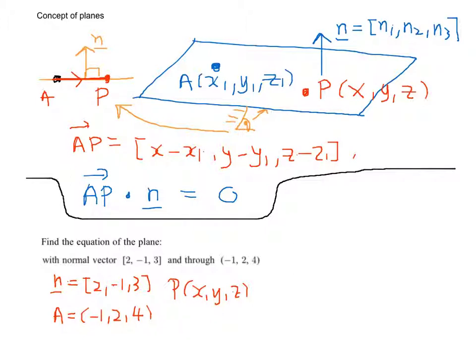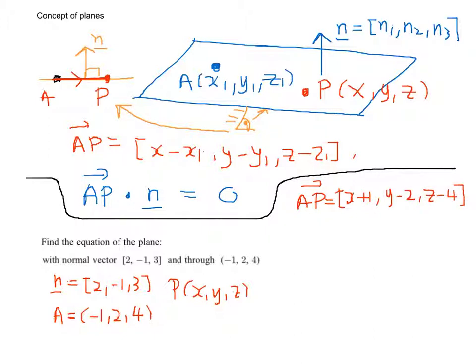First we're going to form AP, and clearly this is x plus 1, y minus 2, and z minus 4.